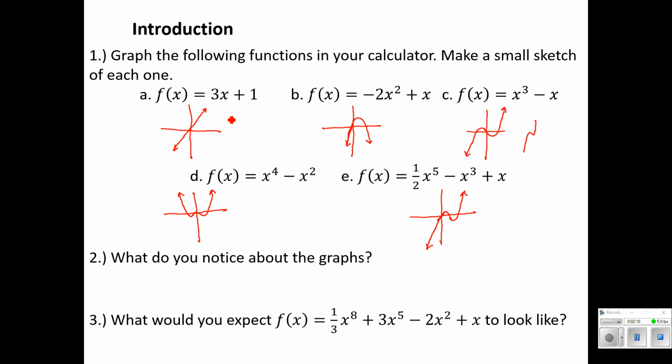So what do we notice each time? Well, we go from a function that has x to a function that has x squared, then x cubed, then x to the 4th, then x to the 5th. So what do you notice about the graphs? As the powers increase, the graph bends more.